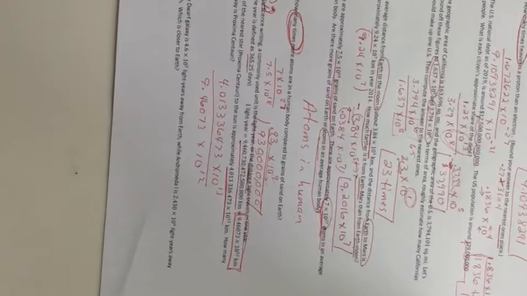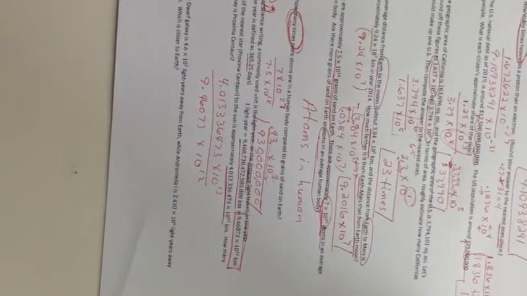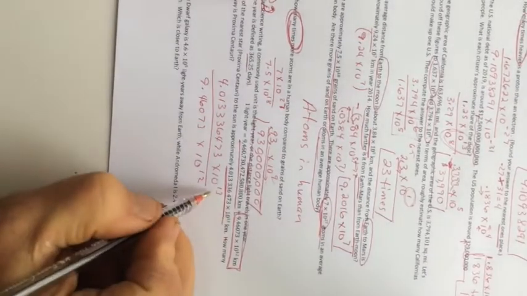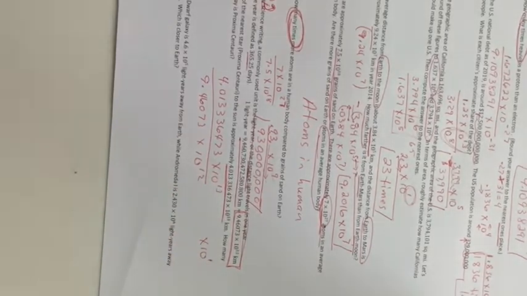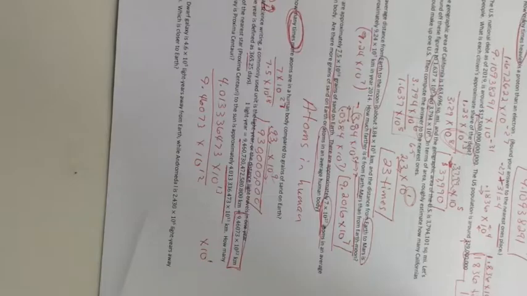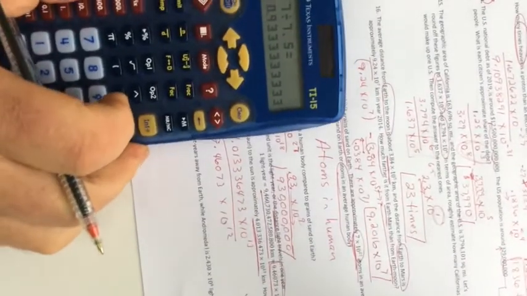How many light years away is the nearest star? Well, division means we're going to subtract the power, so it's 13 minus 12, so it's going to be times 10. And now I need all those other numbers in there, so let's type all that in.